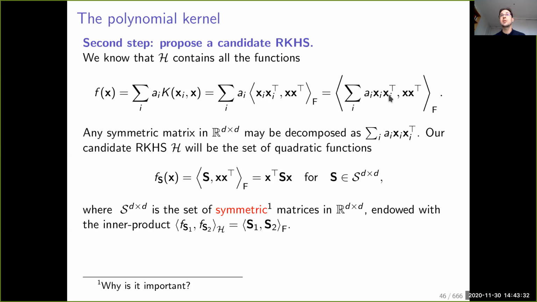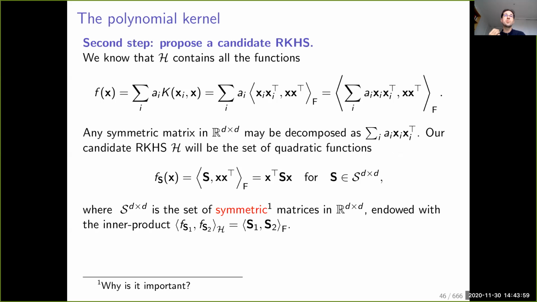Now it turns out, if you remember your linear algebra classes, that any symmetric matrix in R^{d times d} can be decomposed as a sum of rank 1 terms. So it can be decomposed as the sum of a_i x_i x_i transpose for some scalar values a_i and for some vectors x_i.